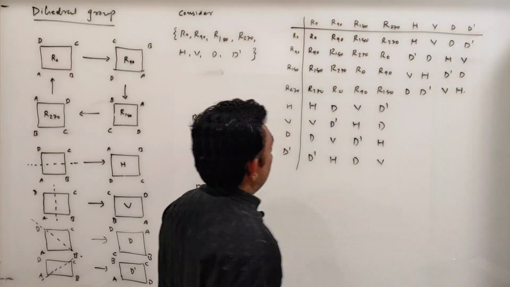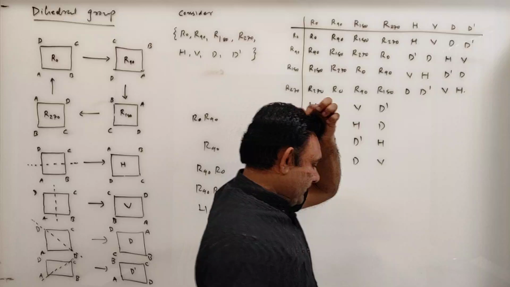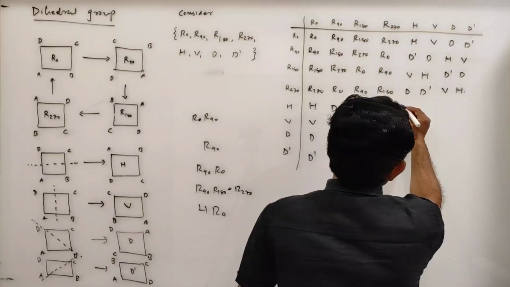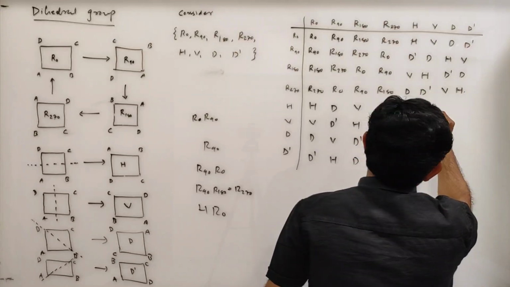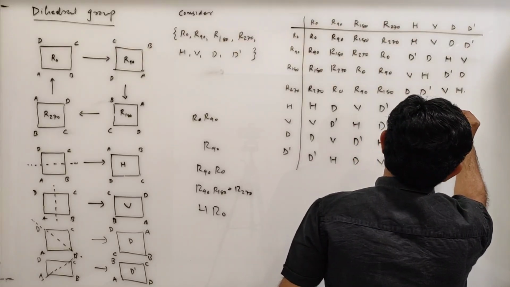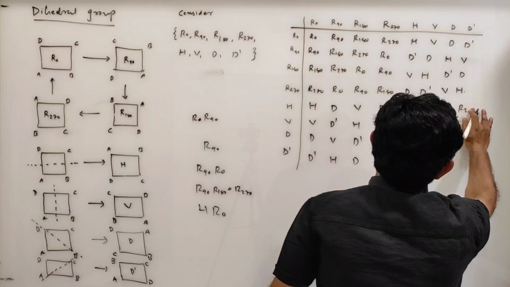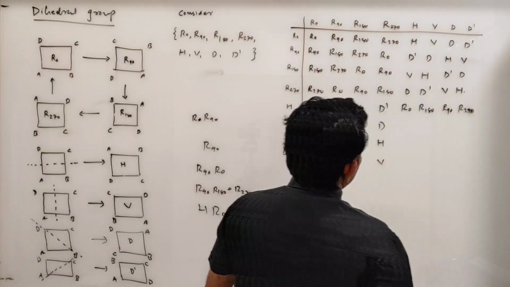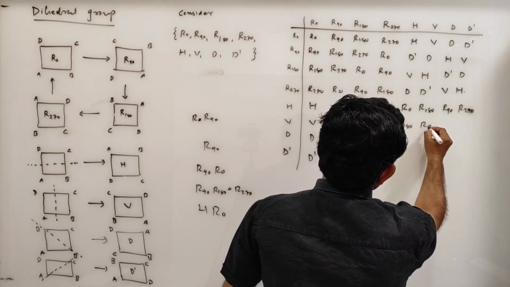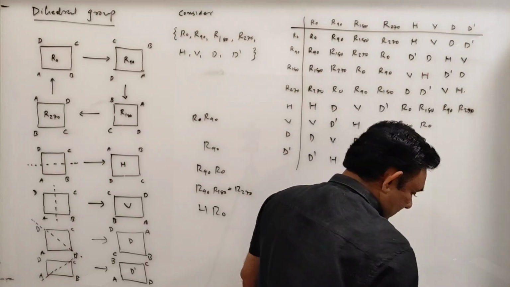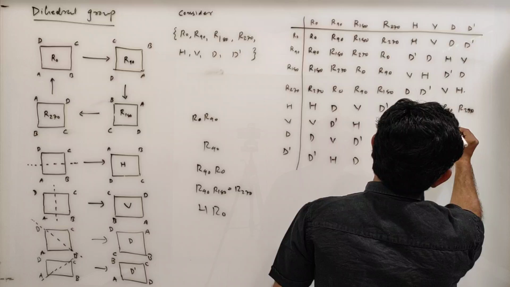Now about this block. This will be R0, R180, R90 and R270. This will be R180, R0 and R270, R90.